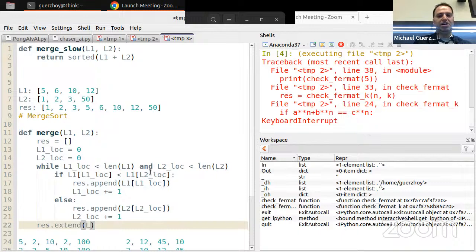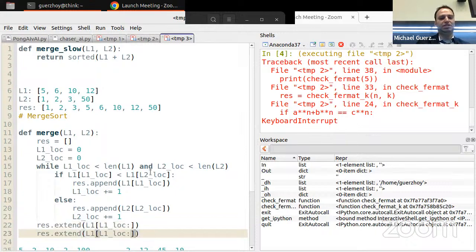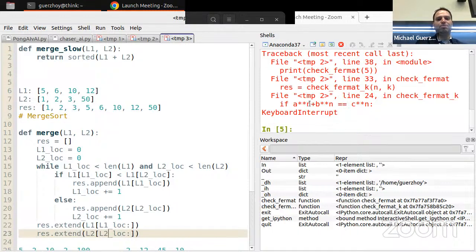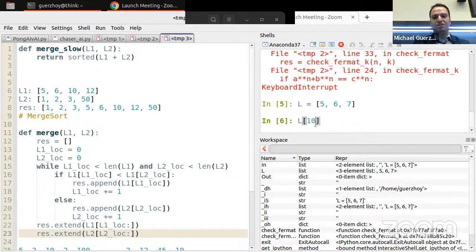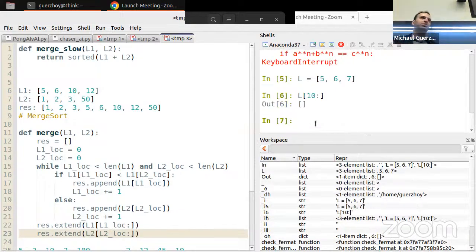So this is going to be L1 starting from L1 location and up to the end. And I'll do the same with L2. Here I'm using the nice property of the slicing notation that I'm allowed to do that. If you say L from 10 to the end, that's just going to be empty.